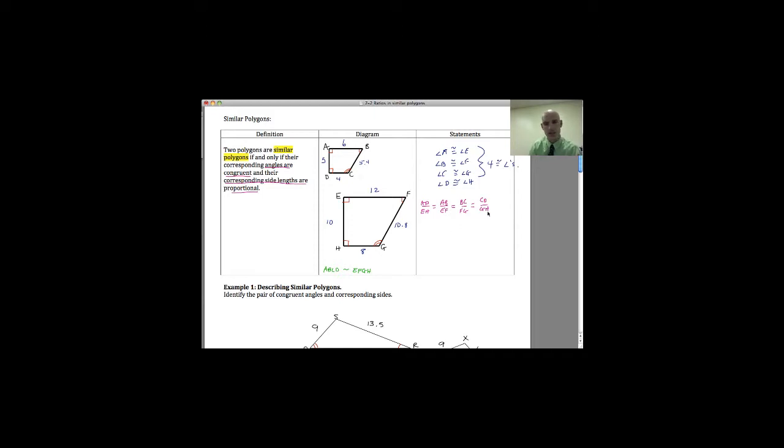And when we test this, we see that all of them are equal to 1/2. So 5 over 10 is 1/2. 6 over 12 is 1/2. 5.4 over 10.8 is 1/2. 4 over 8 is 1/2. So, two conditions. One, congruent angles.